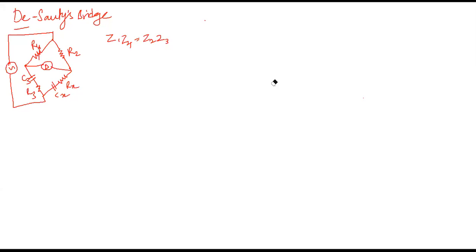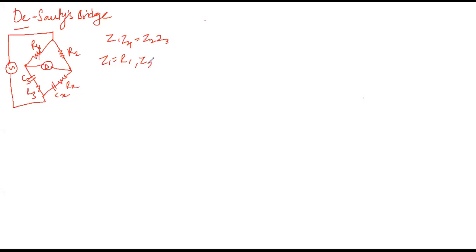So let's start. Now tell me, what is Z1? Niranjan? Z1, what is the value of Z1? The arm 1 is purely resistive, so Z1 will be R1.